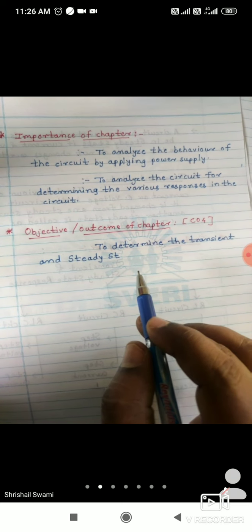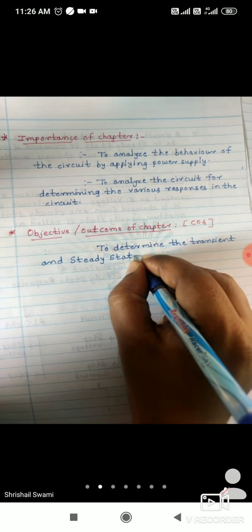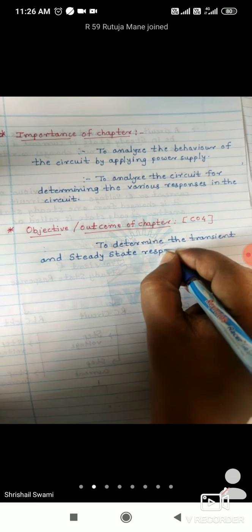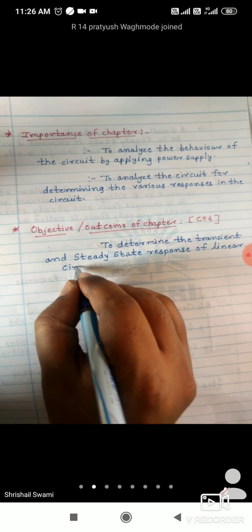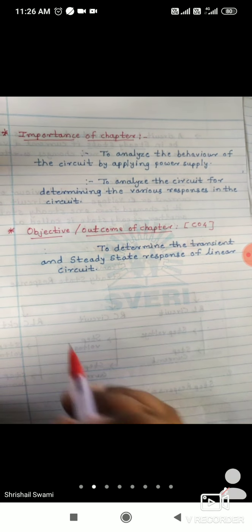This is the CO for unit number 4, CO4. So this will be the fourth CO of this subject: to determine the transient and steady state response of linear circuit. Why is it called linear? Because it consists of RLC. So this will be the outcome of this unit or chapter.